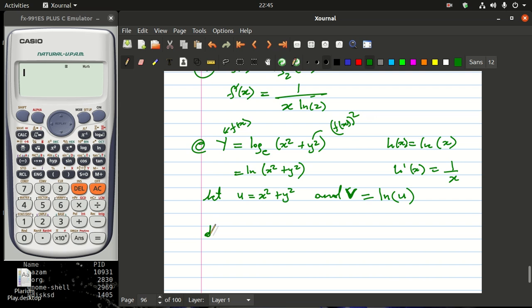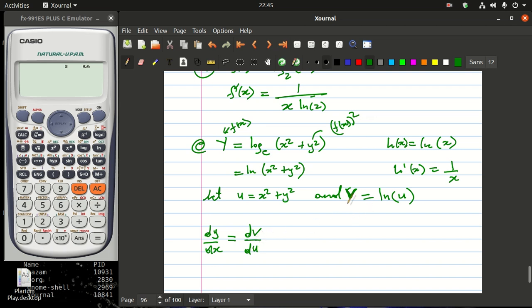So dy dx is the derivative of this thing here. Instead of having f prime of x, because we're given y, I'm using dy dx, which is supposed to be equal to, for the right hand side, dv. But because this is in terms of u, I'm going to take the derivative with respect to u.